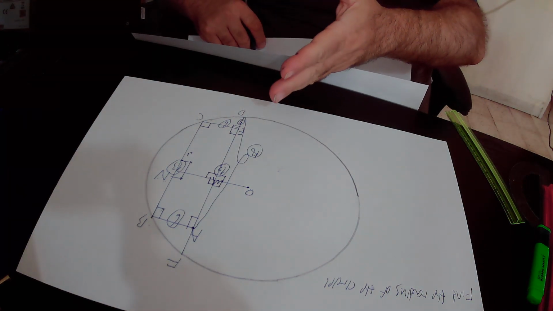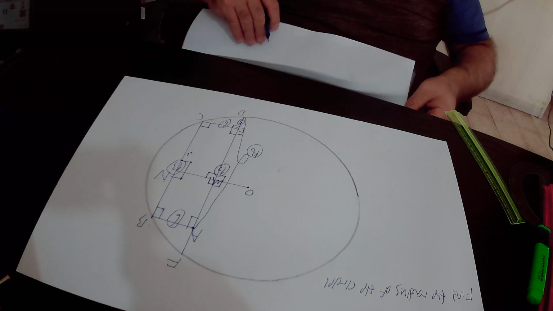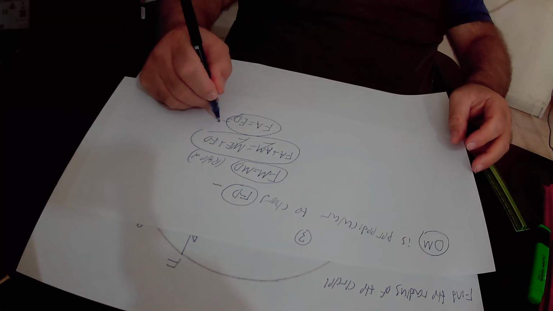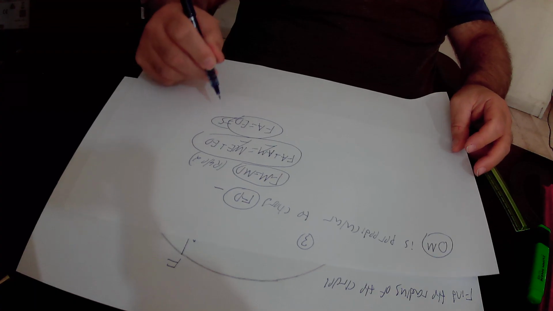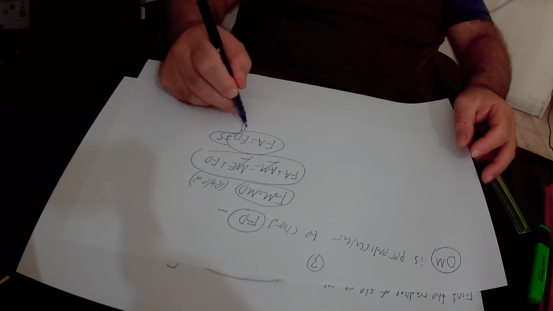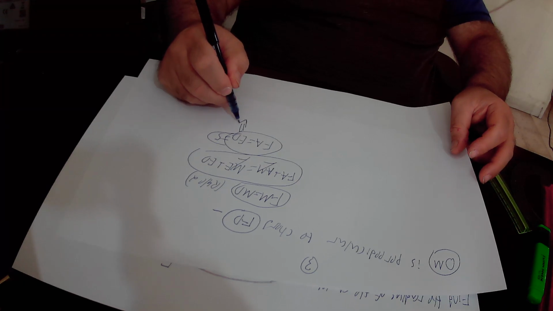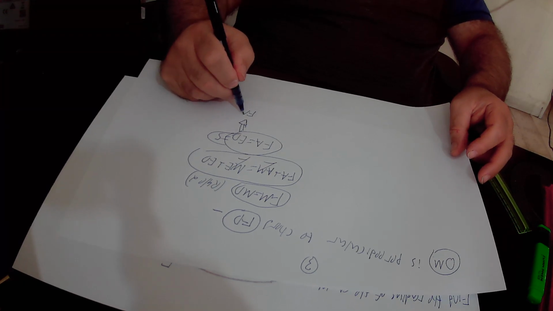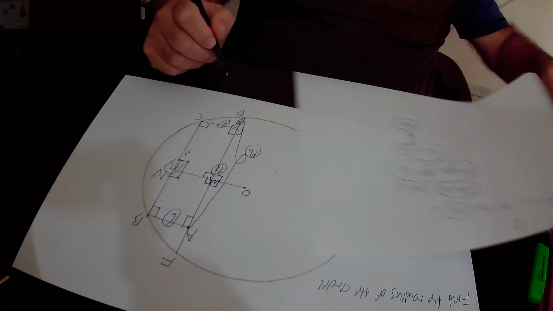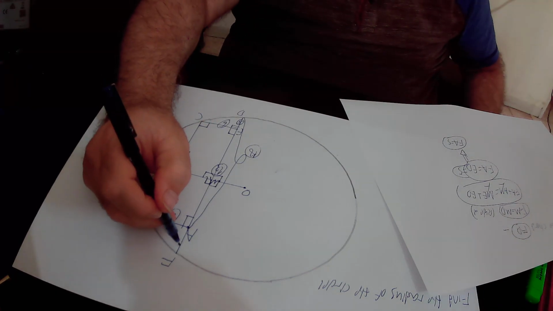But we have already found out that ED equals 5 units. From this equation, FA equals ED equals 5, we derive that FA equals 5 units.